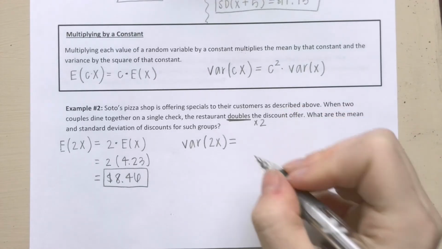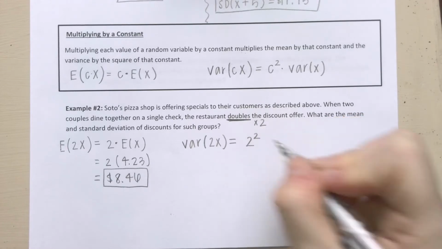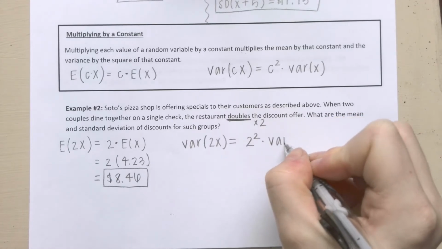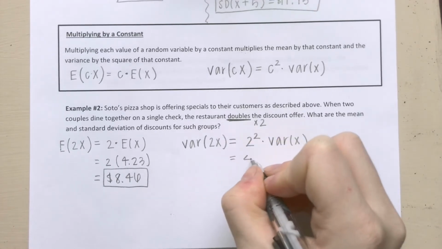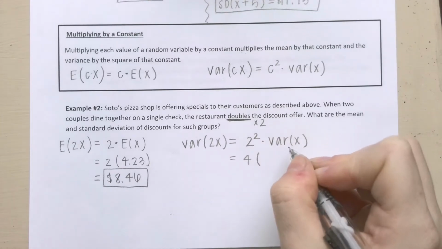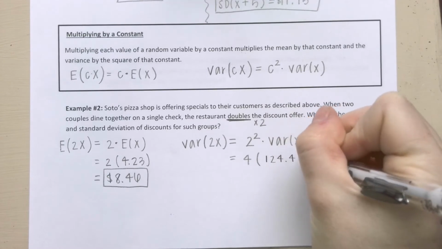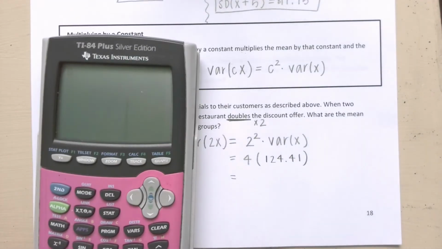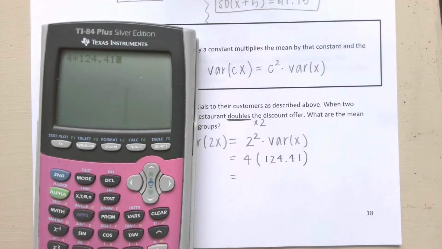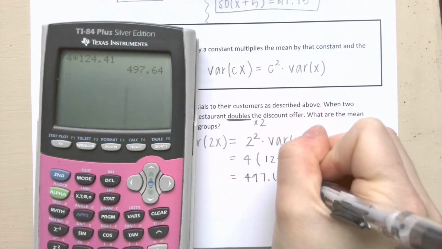Again, because variance is a little bit weird, instead of just taking 2 times the variance, we have to do 2 squared times the old variance. 2 squared is 4, and then I'm multiplying by my old variance, which was 124.41. Four times 124.41 gives me 497.64.